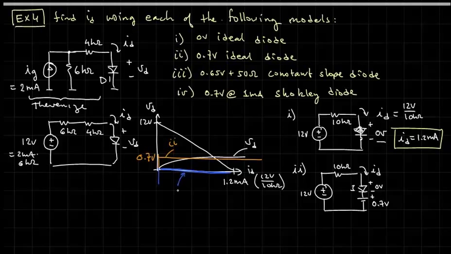This is I. And so we will have ID is equal to 12 minus 0.7 volts over 10 kiloohms, or ID is equal to 11.3 milliamps.